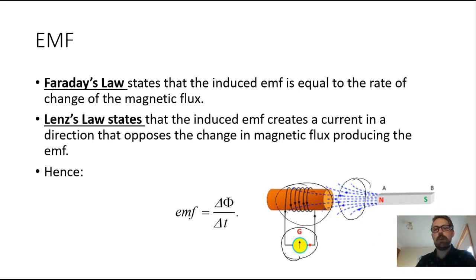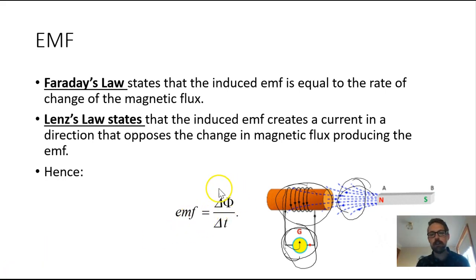Lenz's law is the second one, and it states that the induced EMF creates a current in the direction that opposes the change in magnetic flux. The current that we make spins in a certain direction so that its magnetic field, using our right-hand curl rule, opposes, so it goes in the opposite direction to our little blue lines here. So that's Lenz's law and Faraday's law.